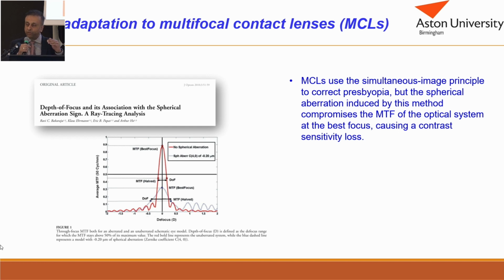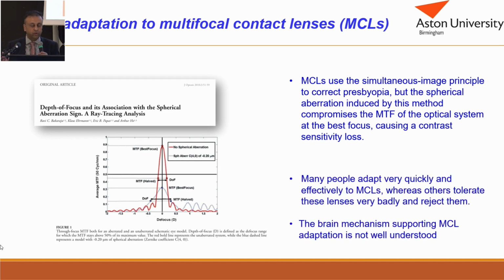The best vision you will get is when your MTF is highest, but the spherical aberration is the least. But if you increase the spherical aberration and reduce the MTF, then you actually increase the depth of focus. And by increasing the depth of focus, you can give your patient an increased near ability, reading ability.